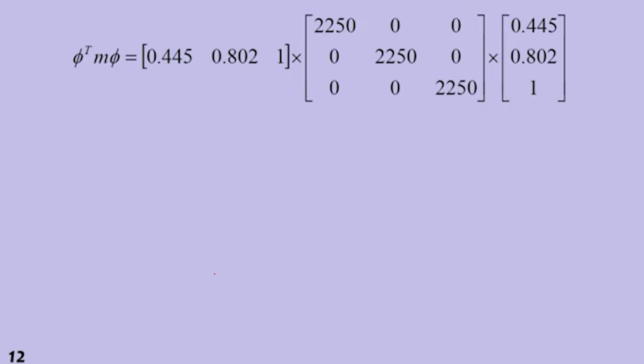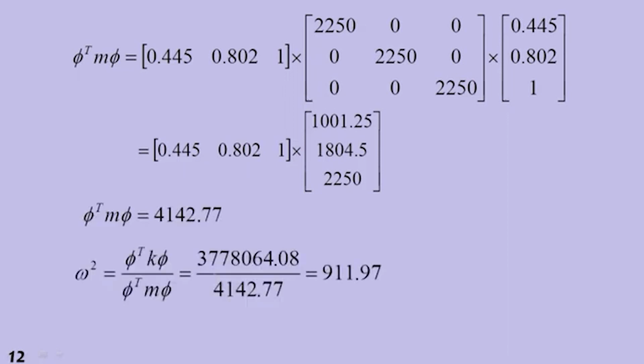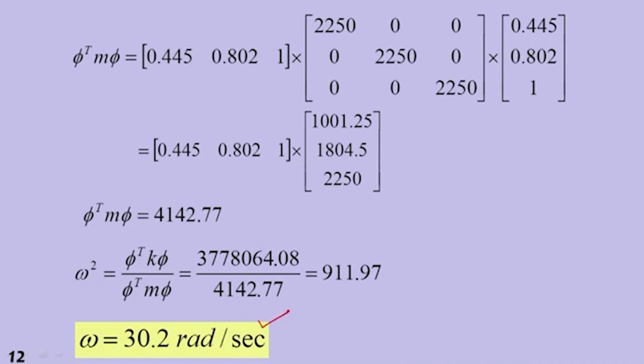Then similarly, we evaluate phi transpose M phi value, and we get 4142.77. So, if we calculate omega square as phi transpose K phi by phi transpose M phi, the value is 911.97. Then if you take the square root, that is 30.2 radians per second. So, this is the first fundamental natural frequency using Rayleigh's method.